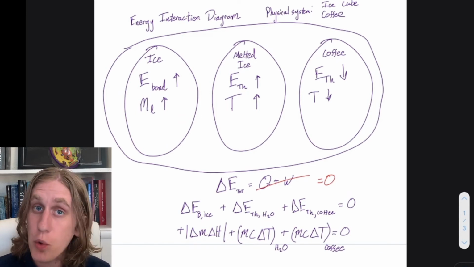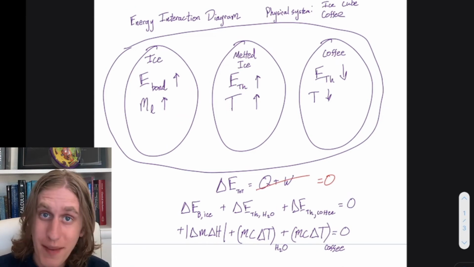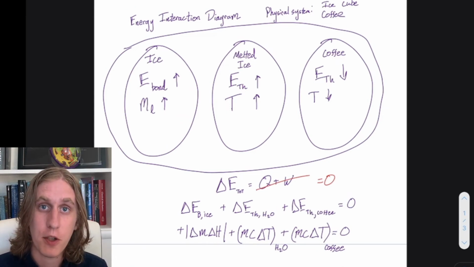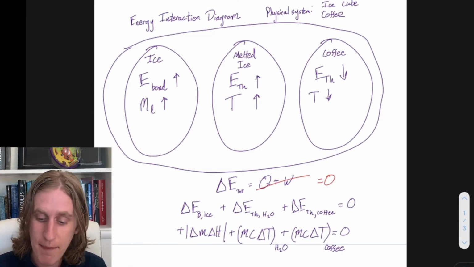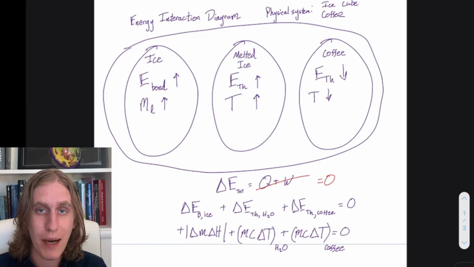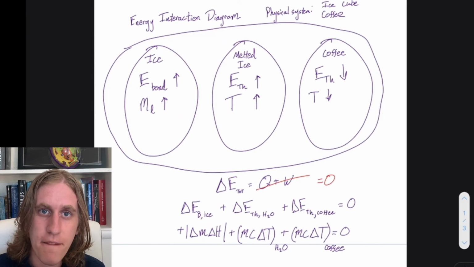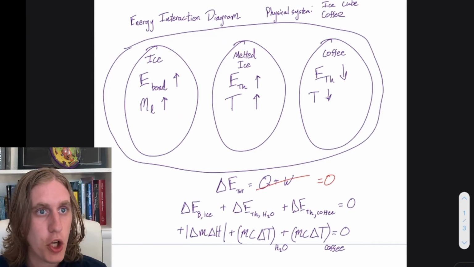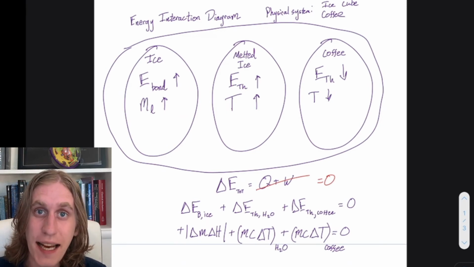If we had those pieces of information and the constants, we could determine exactly what the final temperature of the system would be. If you were given this problem on an exam and you stopped here, you would still get most of the points because you've demonstrated very clearly that you understand the physics of what's going on. If you were given numbers, you'd want to then plug those numbers in to get a final answer.